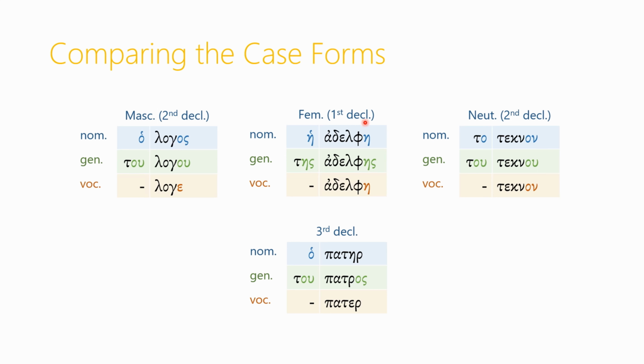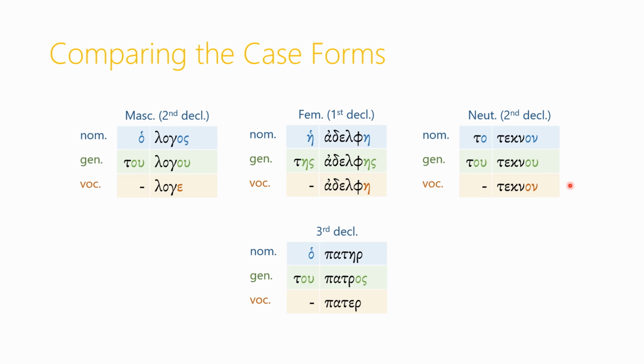For feminine first declension nouns, we have he adelphe for the nominative, the genitive is tes adelphes, and the vocative is just adelphe, because remember, the vocative and nominative forms are the same for feminine nouns. We see something similar with the neuter second declension nouns. We begin with to teknon. The genitive is identical to the masculine second declension nouns, tou teknou, and then the vocative teknon is the same form as the nominative.